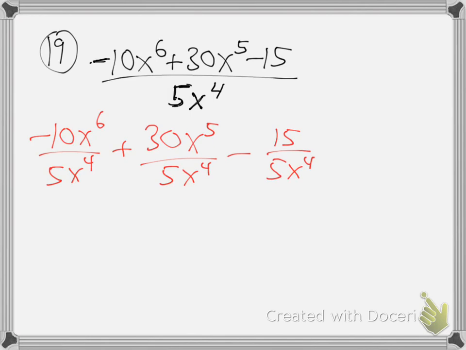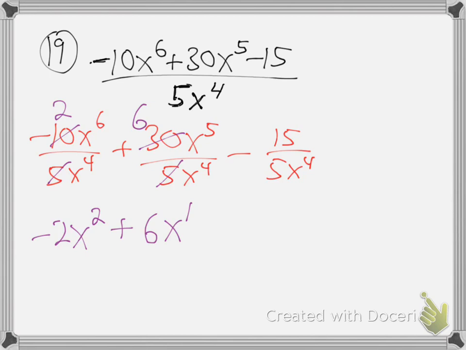And then we cancel things, don't we? So 5 goes into 10 2 times. And what do the powers do? Subtract. Minus 2x squared. Okay, plus 5 goes into 30 6 times. Subtract the powers. X to the 1 or just x.